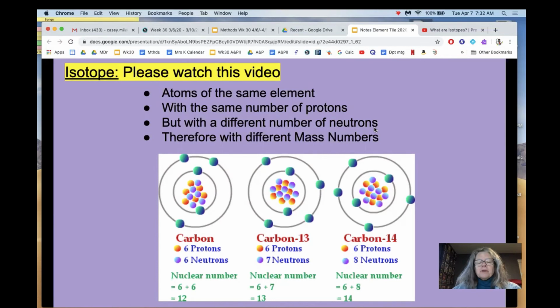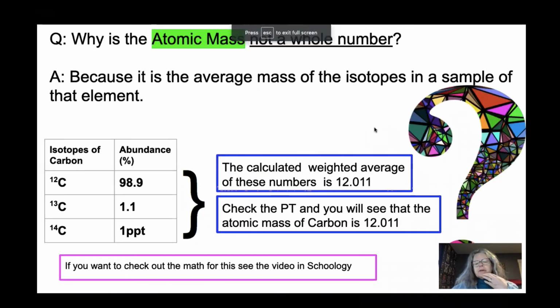But the mass number that you calculate from the periodic table is always the mass number of the most common isotope. And I'm telling you right now that the most common isotope of carbon is carbon-12. So the atomic mass is not a whole number because it's an average of the isotopes in a sample of the element.